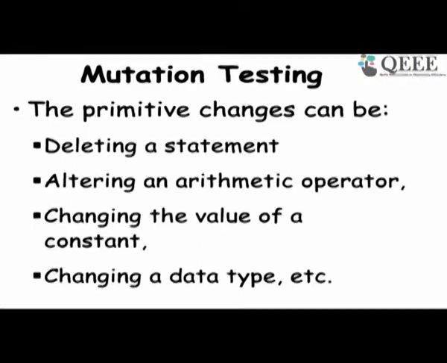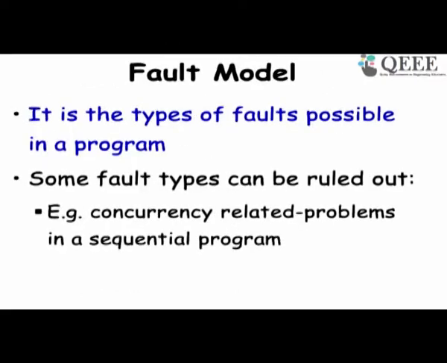Now, what are the types of mutation operators, or the changes that we make? Maybe we can keep on deleting one statement at a time. We may change an arithmetic operator plus into minus or plus into multiplication and so on, change the value of a constant, change data type, int into float and so on. To be able to determine what kind of mutation we do, we need a fault model of a program.